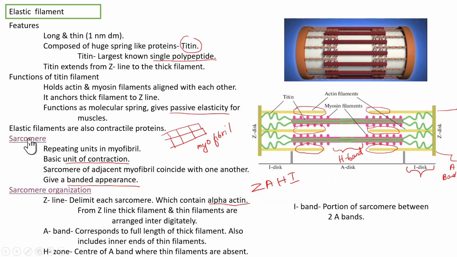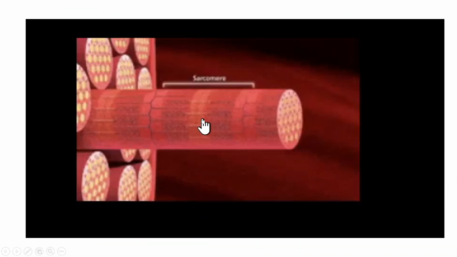Then I'm going to show you an animation of how the muscle contracts because of the functioning of actin and myosin. Just an animation. Here we can see repeating units of sarcomere. This is one sarcomere, this one is another.